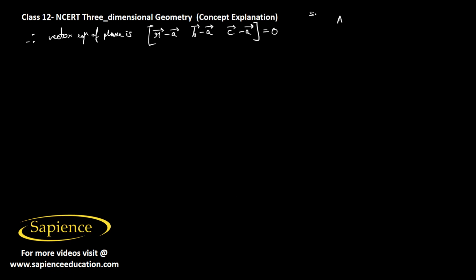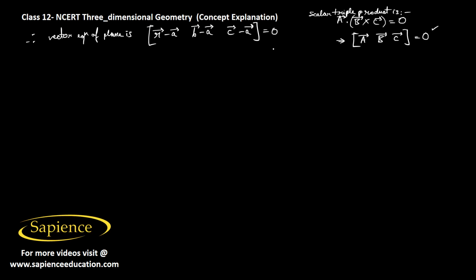We know that the scalar triple product is given as a vector dot b cross c, that is equal to 0. So the scalar triple product of a, b, c will be 0. In this way you can write.